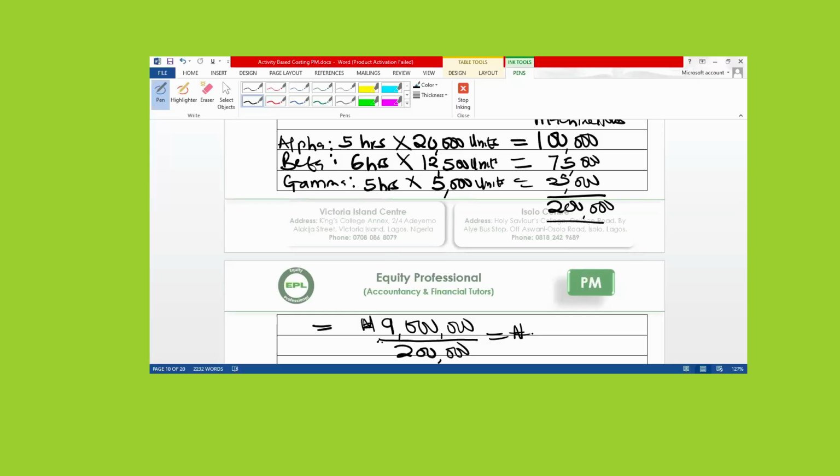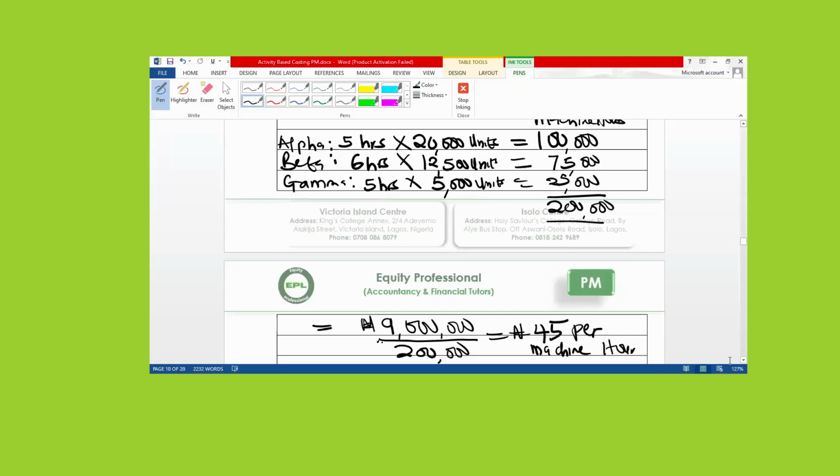The examiner is particular about that information. Don't just write 45 naira; write 45 naira per machine hour.